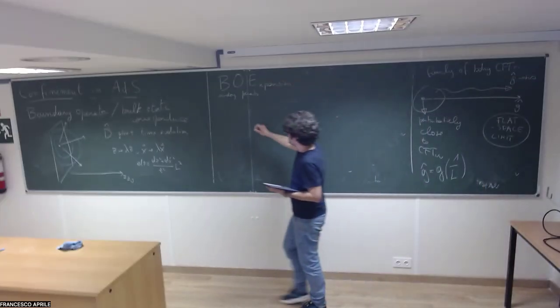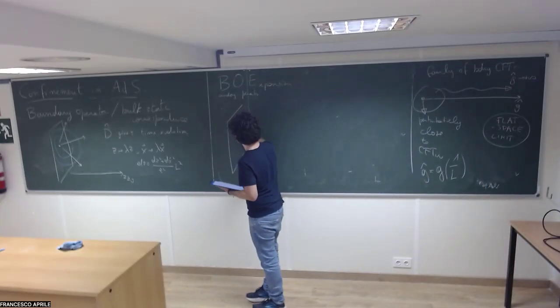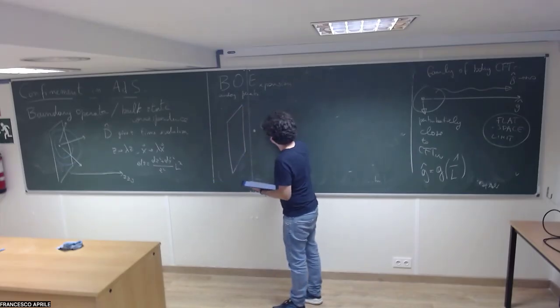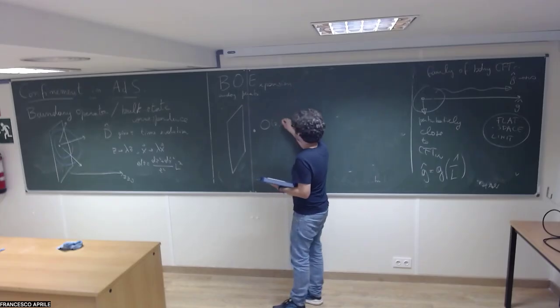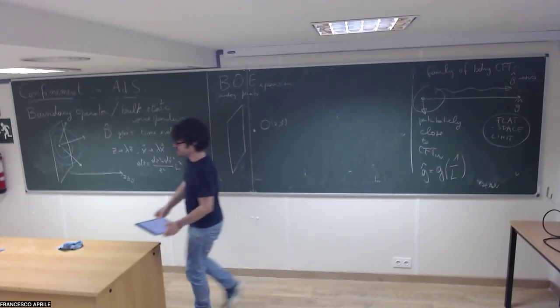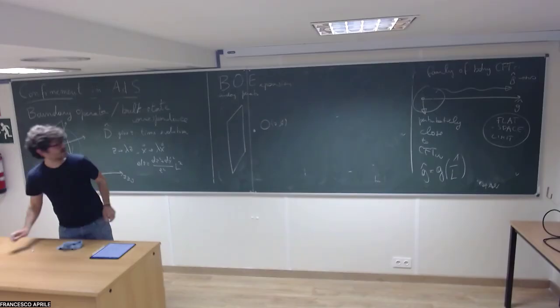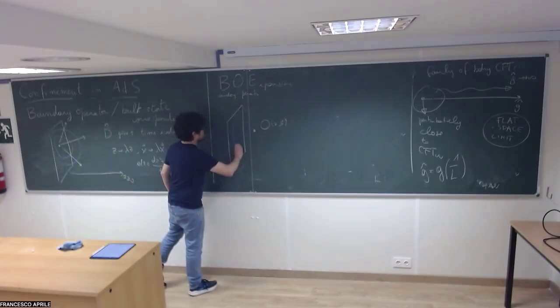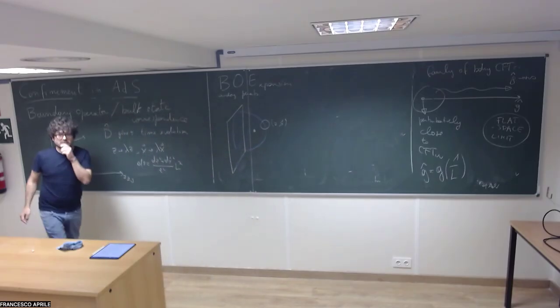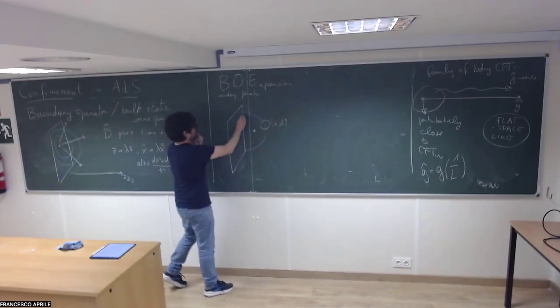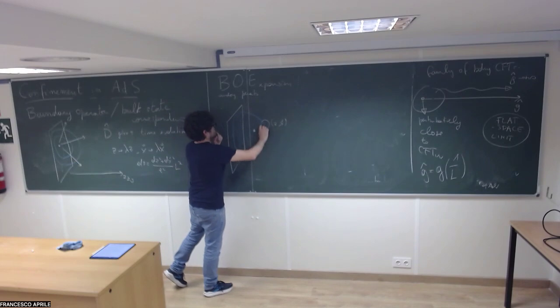What is the idea? Suppose I have an insertion of a bulk operator at some point. Then I can surround it with one of these spheres, and this is going to prepare a state for me on the slice.